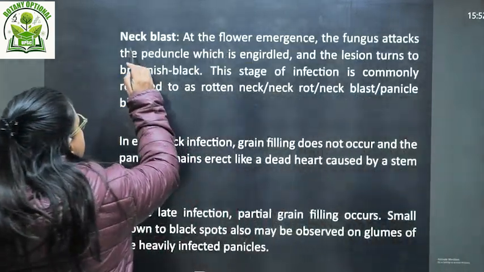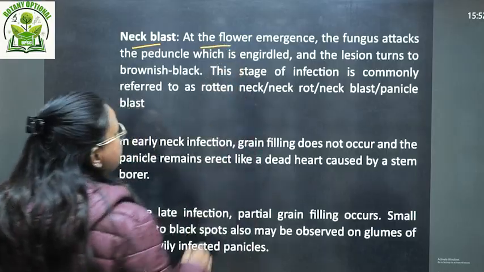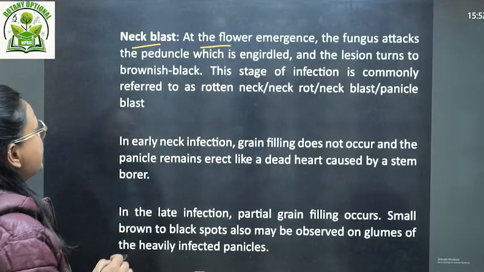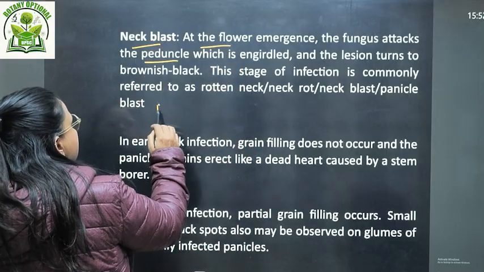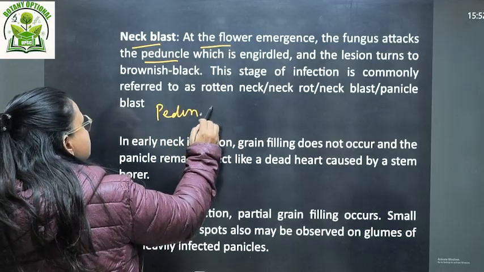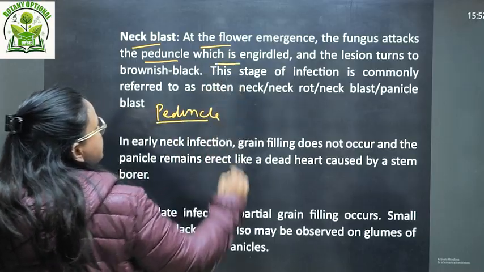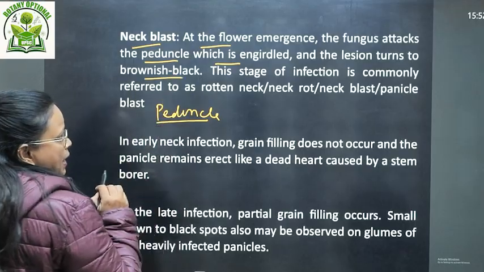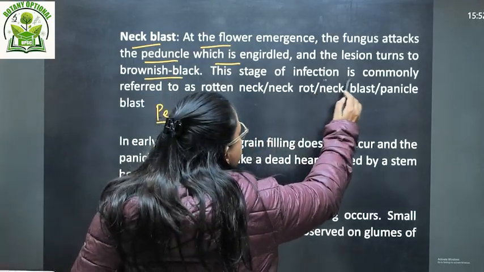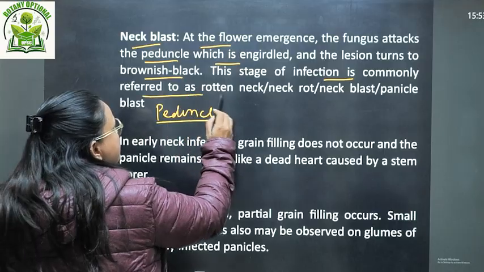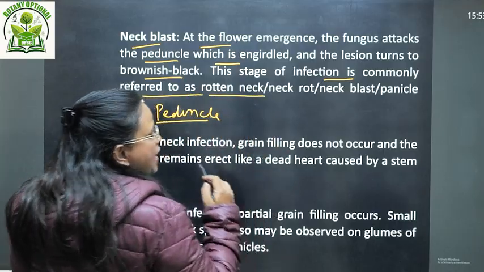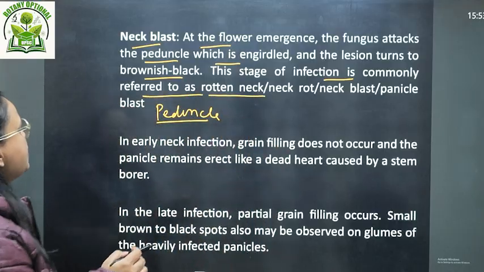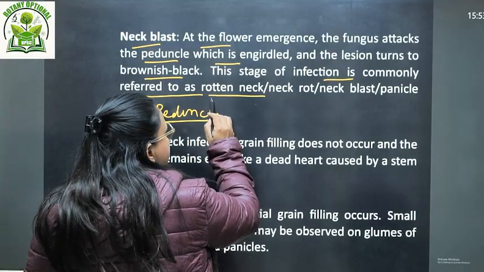Neck blast. Here we can see that at flower emergence, the fungus attacks the peduncle, which is engirdled, and the lesion turns brownish black. This stage of infection is commonly referred to as rotten neck, neck rot, neck blast, and then pedicle blast.